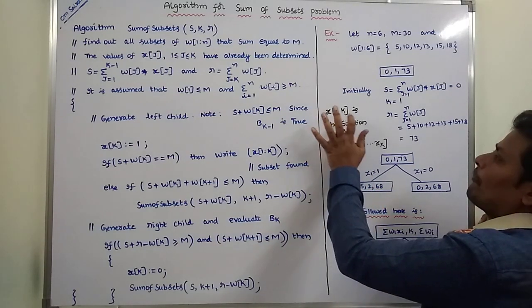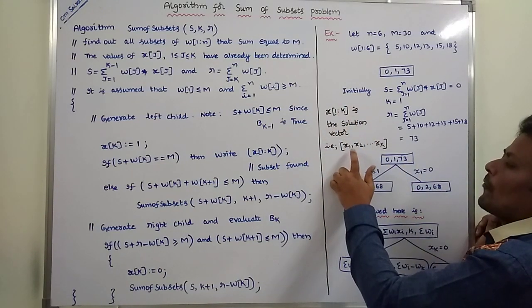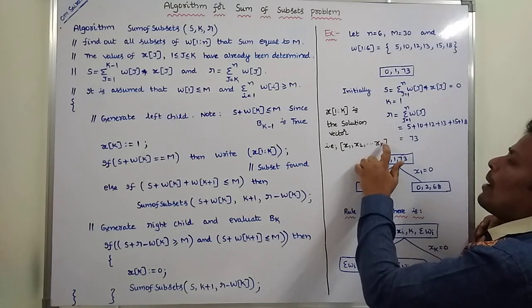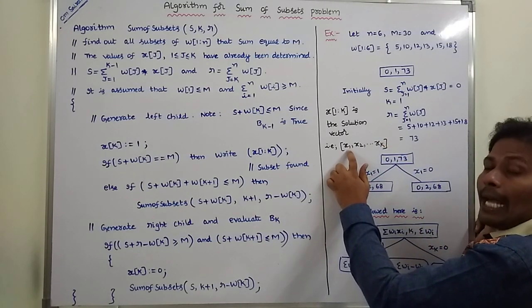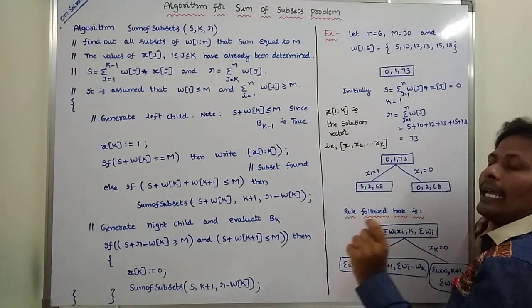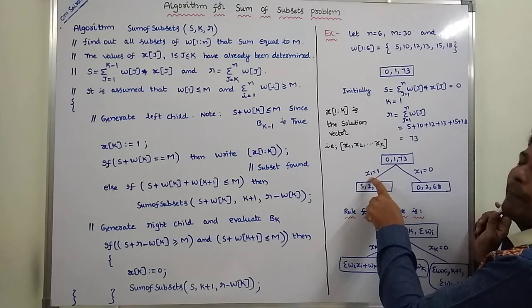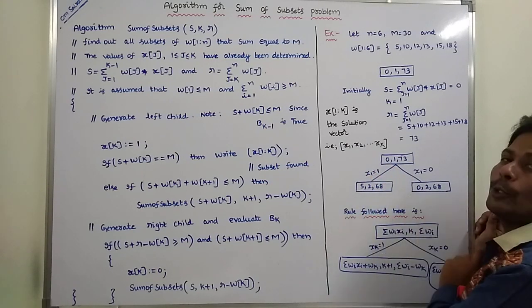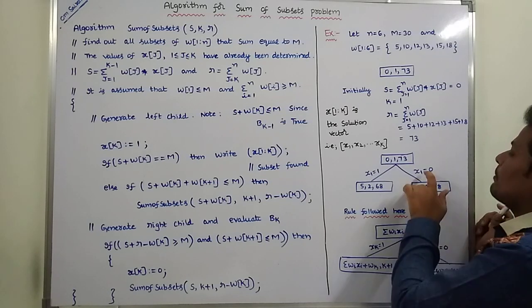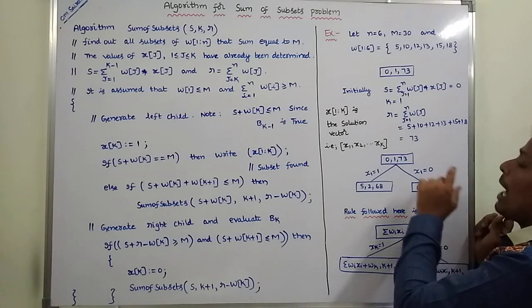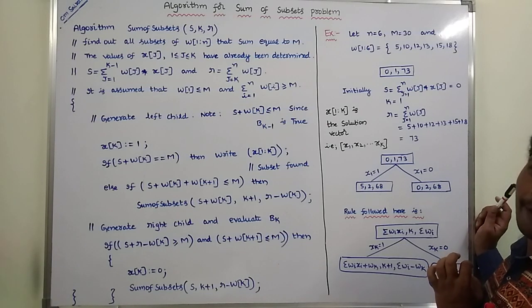So x of 1 to k is the solution vector. It consists of x1, x2, up to xk. Each xi value can take either 0 or 1. For example, if x1 is equal to 1, we consider the first weight. If x1 is equal to 0, we have not considered the first object weight.